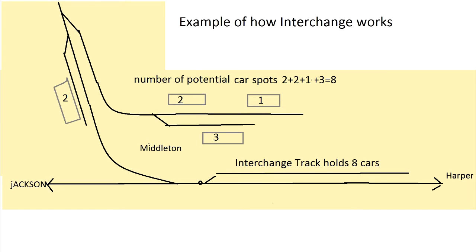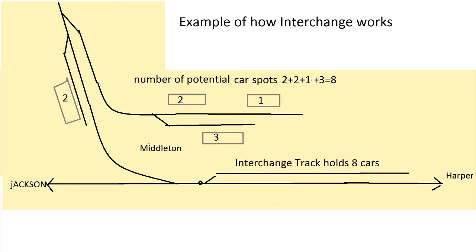For a single scene where you're only modeling a small town with a few industries or just one industry, the cars need to enter into your scope, into your realm somehow from the outside. And so you will have a track that, from the modeling standpoint, seems to go nowhere, but it's a track that's coming into your branch and then dropping cars off on a track, your interchange track, or 2 or 3 tracks.